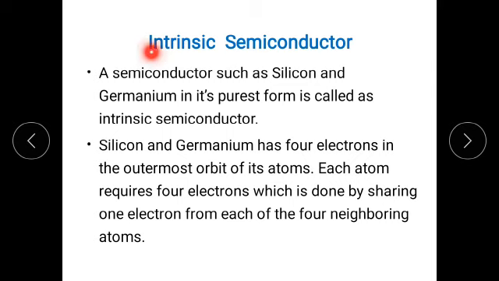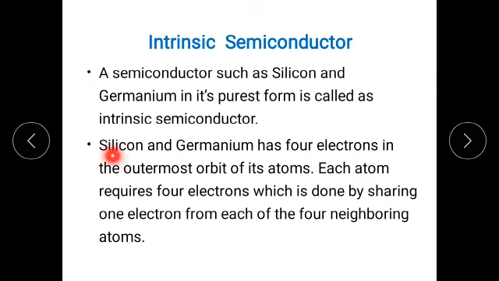First is intrinsic semiconductor and second is extrinsic semiconductor. Now we see what is meant by intrinsic semiconductor. When we take silicon and germanium in its purest form, that means when no impurities are added in silicon and germanium, then that type of semiconductor is called an intrinsic semiconductor.